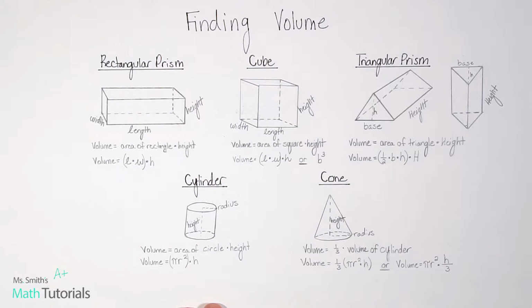Another way to write that, a lot of people like to go ahead and distribute the 1/3 in. So an equivalent way to write this would be volume equals pi r squared times h divided by 3. So again, our h is our height. Both of these are completely acceptable. I like this one just because of personal preference, but you will definitely see this one as well. They're the same thing. Either one will get you the same answer.